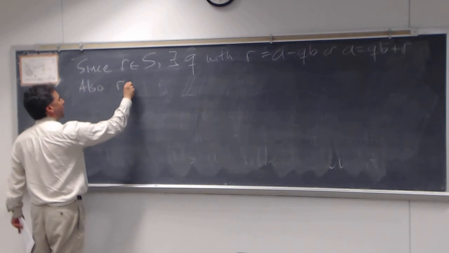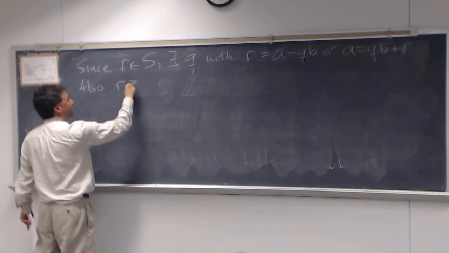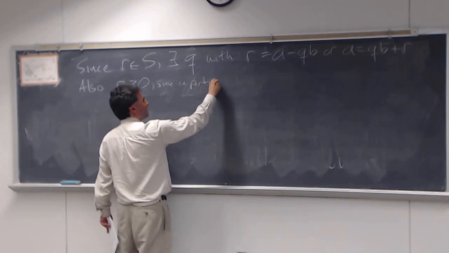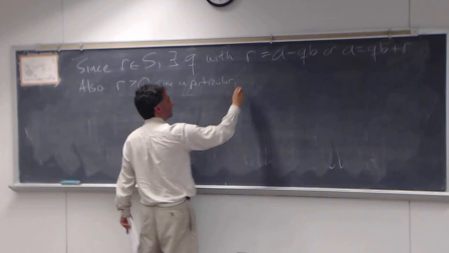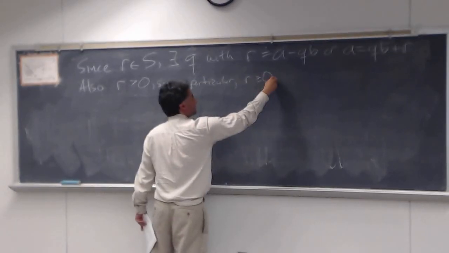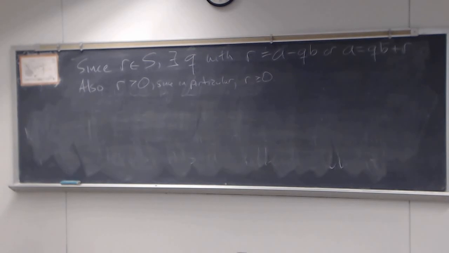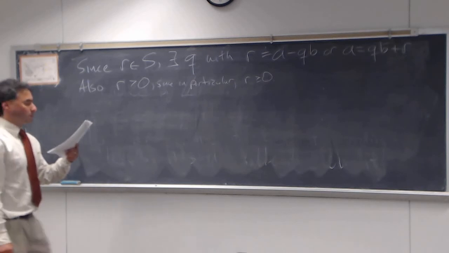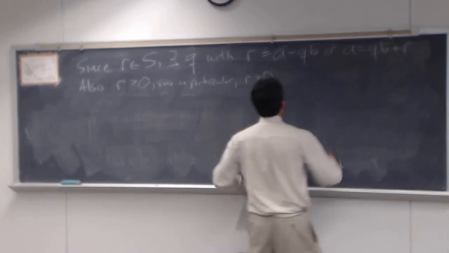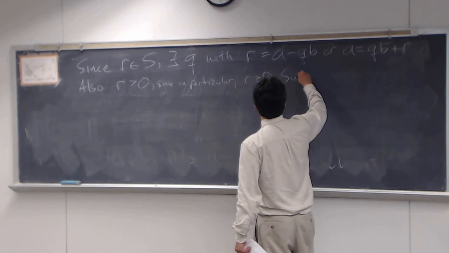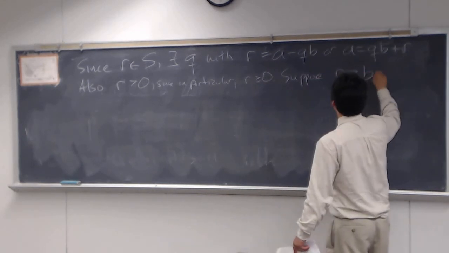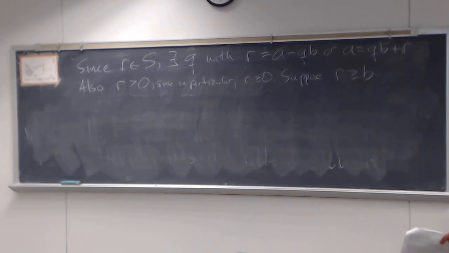Also, r has to be greater than 0, because that's what the elements of S are, greater than 0. So, in particular, r has to be greater than or equal to 0. So we've got one of the inequalities. Why does it have to be less than b? So suppose that r was not strictly less than b, that r was greater than or equal to b.